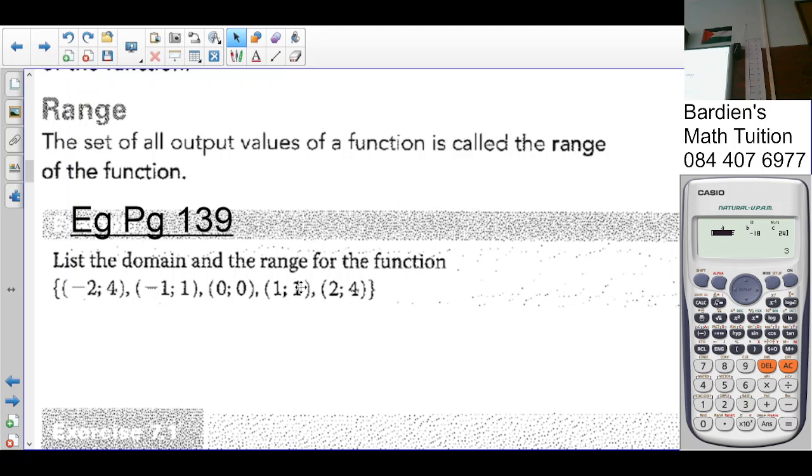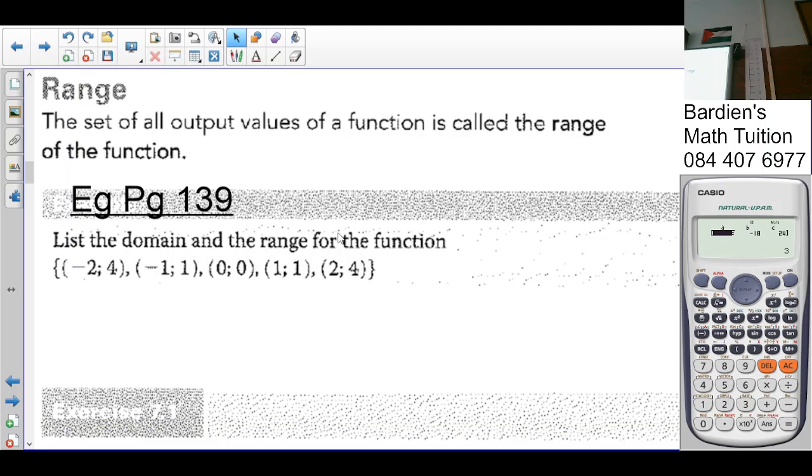We're still reading on page 139. You have been told to list the domain and the range of the function. So what's my domain? We know that the domain is all the possible x values, not so? So when we list, we normally write a squiggly bracket, okay?